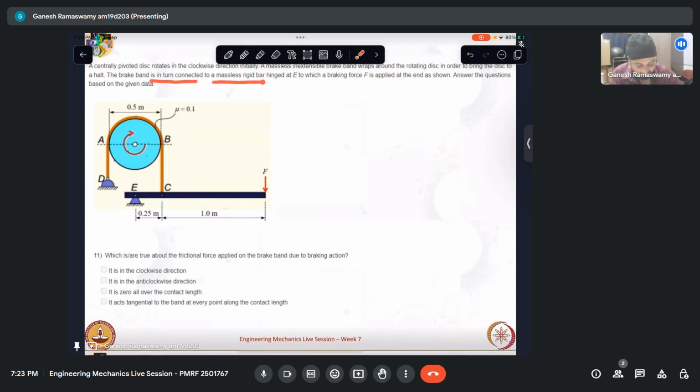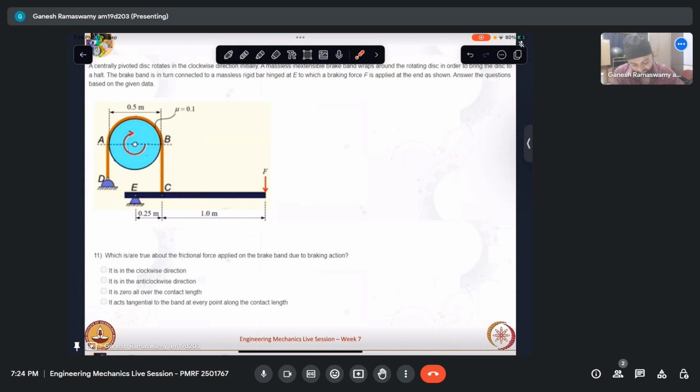So essentially I have a lever like that, and then the brake band goes like that, and then it is connected to point C, which happens to be on a rigid bar which is hinged at E, and then I apply a force over there, to which a braking force F is applied. So because of the lever, I need to apply a lesser force in order to get a higher braking force delivered at the output. So answer the following questions is what is given.